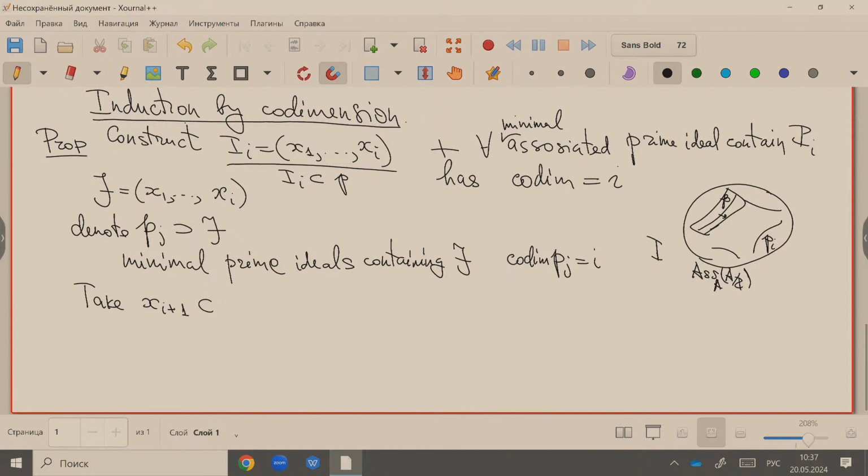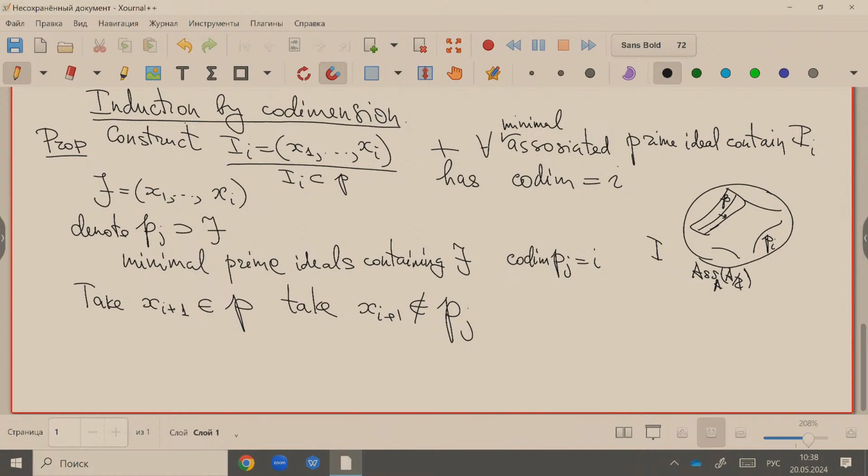And we want to increase codimension, but all chains stop at Pj, so we take x I plus 1 that is not contained in any Pj.